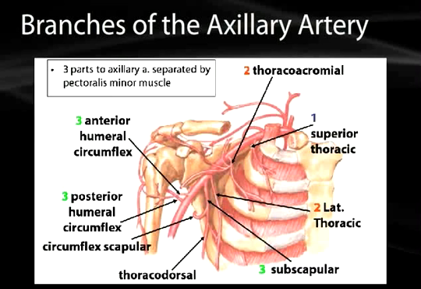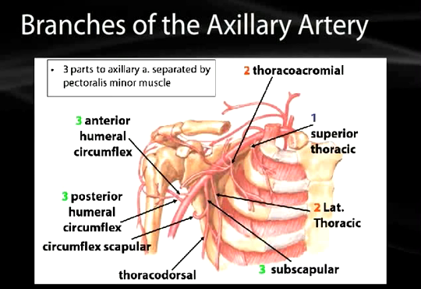And then we have the lateral thoracic vessel and the part 3 components, which will be composed of the subscapular, the anterior and posterior humeral circumflex branches, and off of the subscapular there'll be a circumflex scapular, and finally a thoracodorsal, which is headed towards latissimus dorsi.